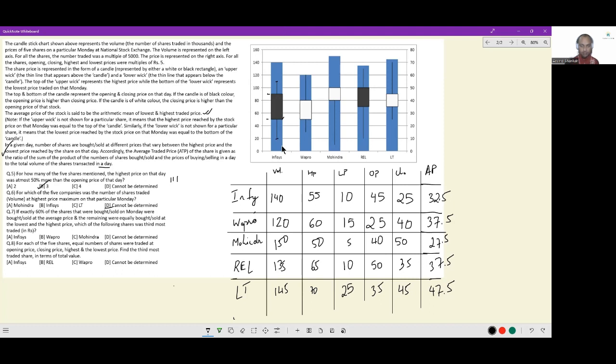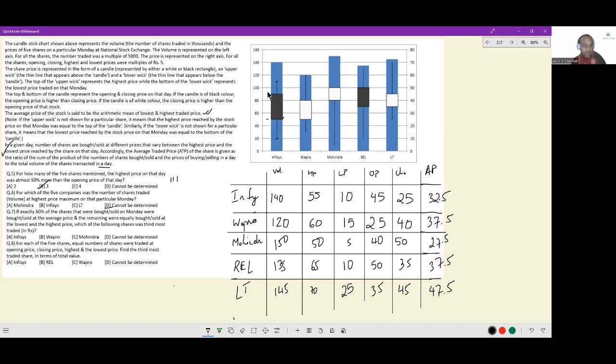We know, for let's say, look at Infosys, we know 140,000 shares were sold. Now, out of these 140,000 shares, how many were transacted at 55? How many were transacted at 10? How many were transacted at 45, 25, or any value between 55 and 10? That information is absolutely not known.